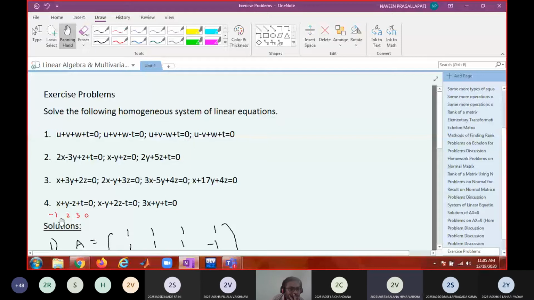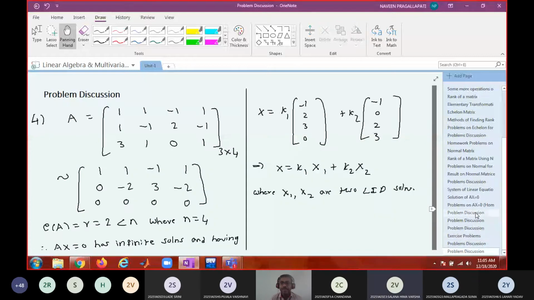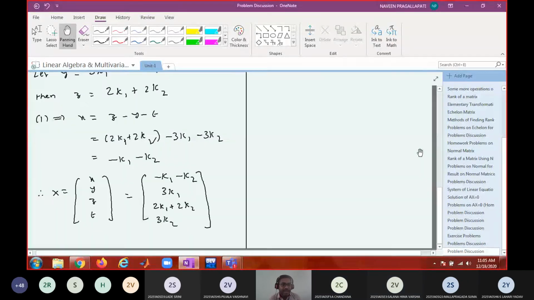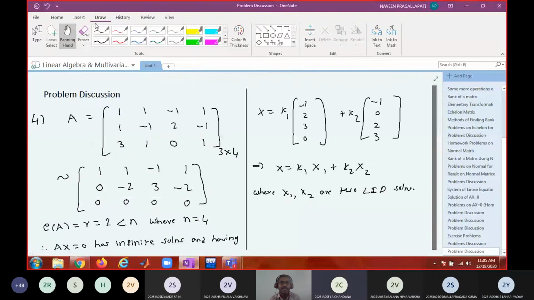Did I copy wrong? It has to be minus 1, 3, 2, 0, right?